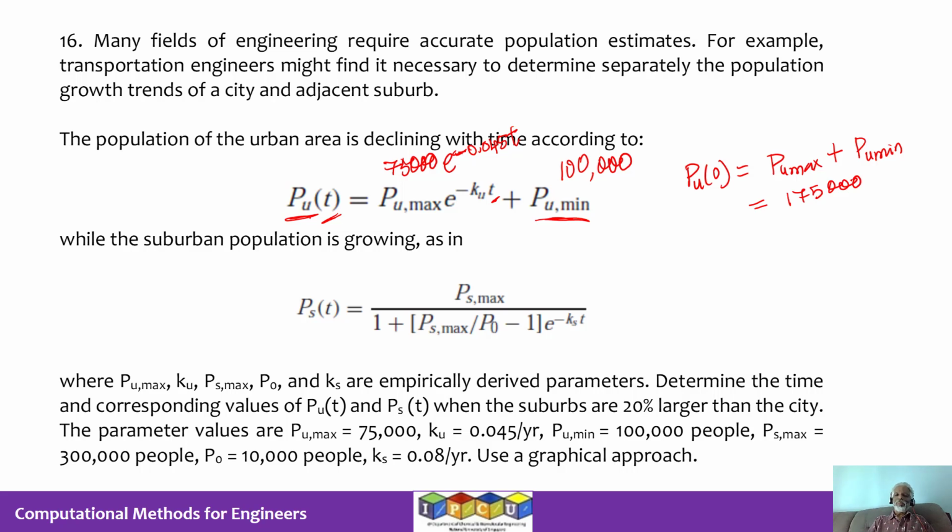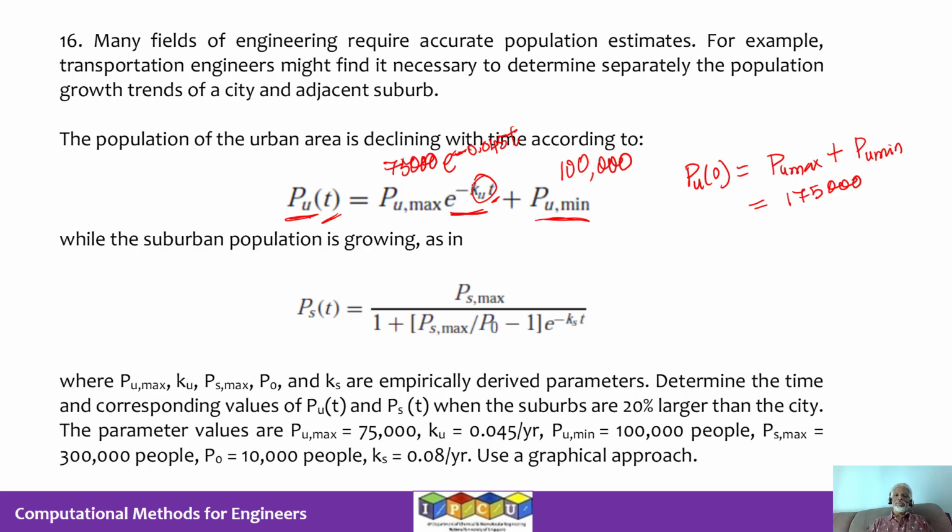Then with time, this will decay because it is e to the power of minus a positive value. Ku is positive, t is positive, therefore Ku times t is positive, and e to the power of a negative number will decay.